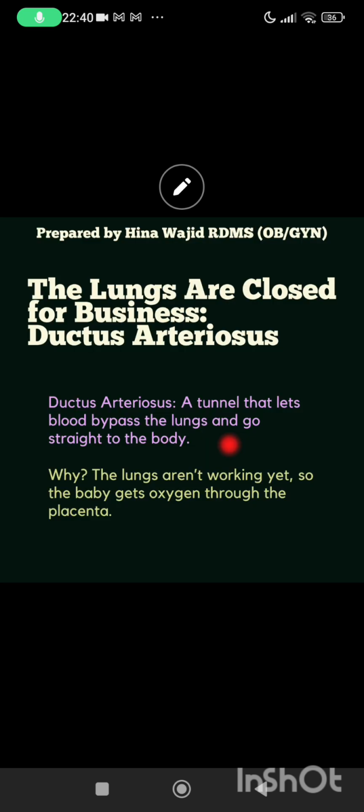Okay, so now about lungs. So lungs are closed here. So here comes the role of the ductus arteriosus. It's a final shortcut.